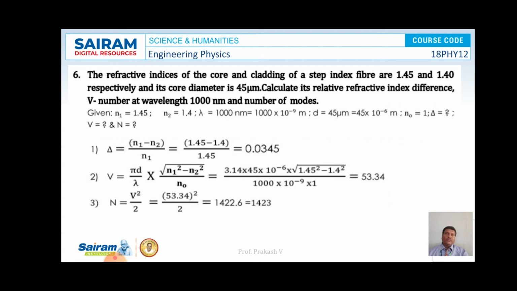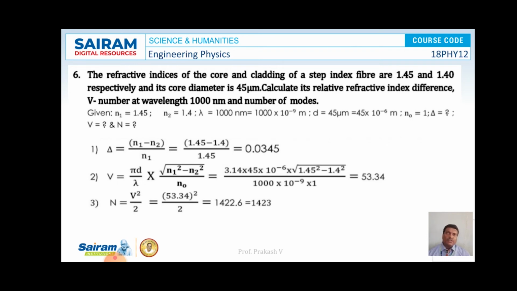The refractive indices of core and cladding of a step index fiber are 1.45 and 1.40 respectively, and its core diameter is 45 micrometer. Calculate its fractional index change, and also the V number at wavelength 1000 nanometer, and the number of modes.